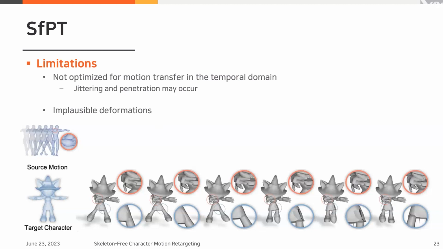Sorry, but how to calculate the vertex positions with a modified LBS equation is in the paper. So please refer to the paper. So that equation does not require any skeleton, right? Yeah. Okay.